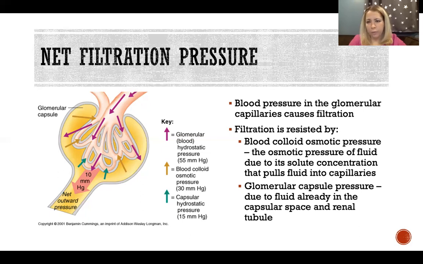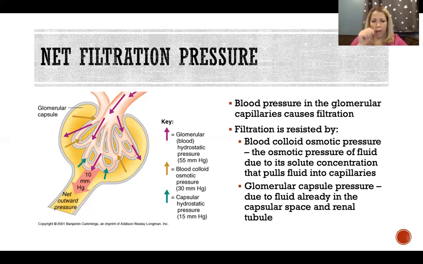So, as fluid is leaving the glomerulus and is being collected inside of the capsule, the pressure of the fluid inside the capsule is increasing because it's an enclosed space that's filling with fluid. The more fluid it contains, the greater the pressure it exerts, resisting more fluid from coming from the glomerulus out again.